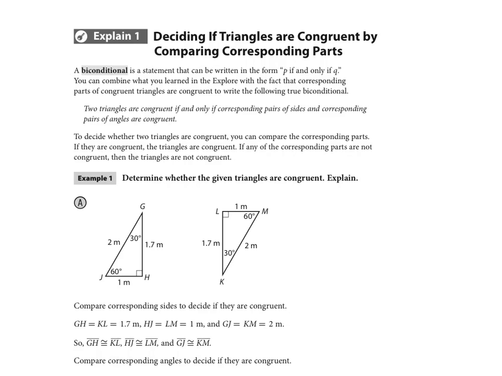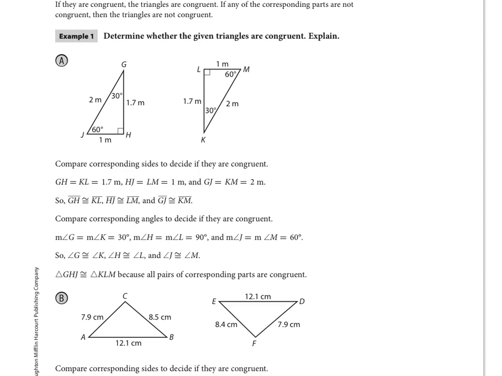So let's look at Example 1 that they've given us. We're determining whether the given triangles are congruent. First, we want to see: are there corresponding pairs of sides that are congruent? What I would do is look at triangles as having small, medium, and large sides, and see if those small, medium, and large pairings are congruent.